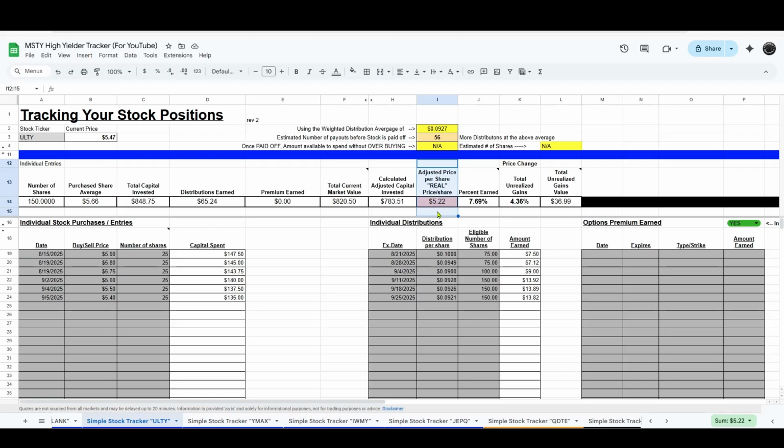And in my case, my real price per share, or my adjusted average price per share, is $5.22. So it is a little below my purchase price per share over here.